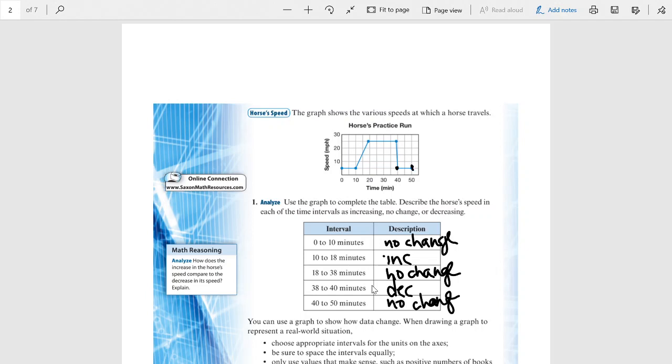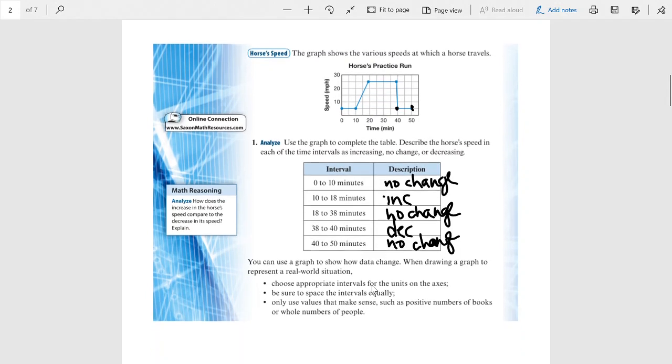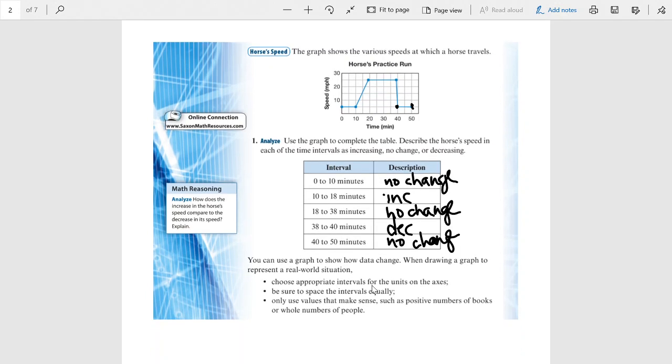What this is basically saying is that from 0 to 10 minutes, the horse stayed at a constant speed, and then it sped up from 10 to 20. Then it stayed at that higher speed for a while. Then it really slowed down to that kind of walking speed again, where it stayed for the rest of the time. So we can show, using a graph, that data change.